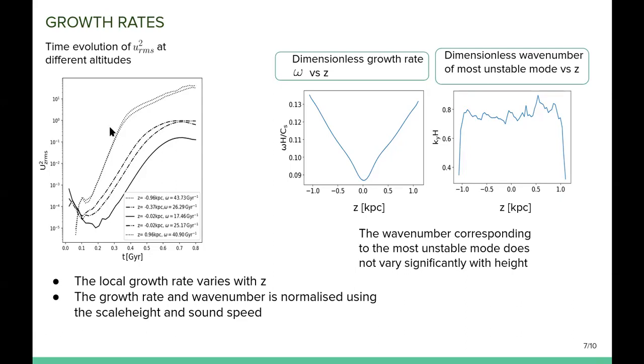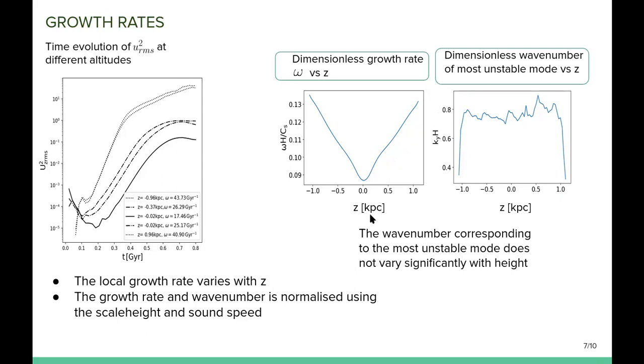This is also shown in the middle figure, which is the distribution of growth rate omega with respect to Z. So we see that as we move away from 0, we see a higher growth rate. We also try to isolate the wavelength corresponding to the most unstable mode. And we see that even though it varies slightly with Y for this gravitational profile, it has almost remained near the value of 0.8. These are both dimensionless values.